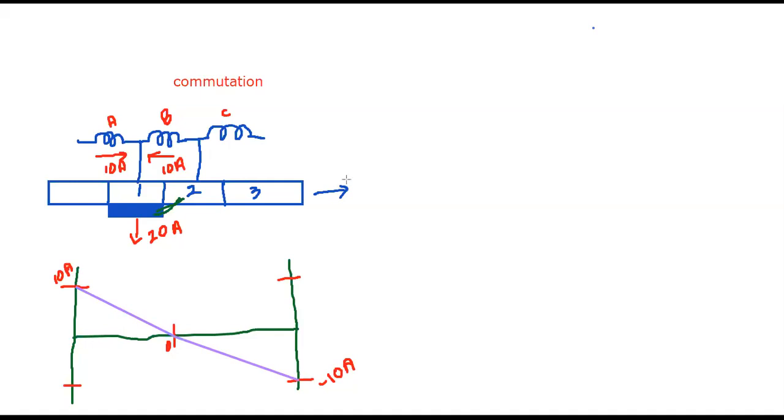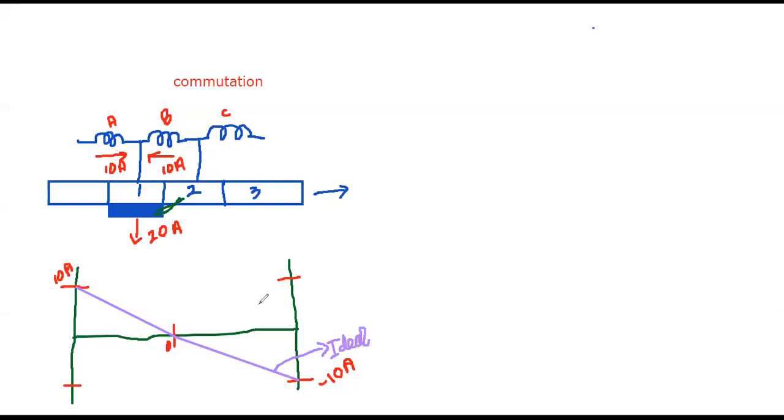This type of characteristic is suitable for the ideal characteristic because it crosses 0 and then goes to the negative. So this one is ideal commutation.